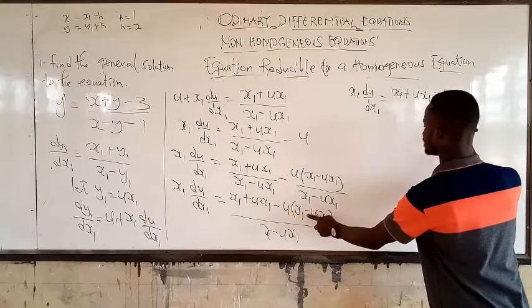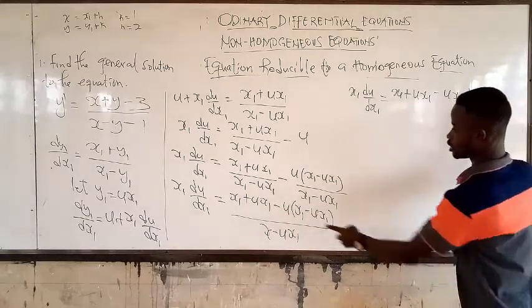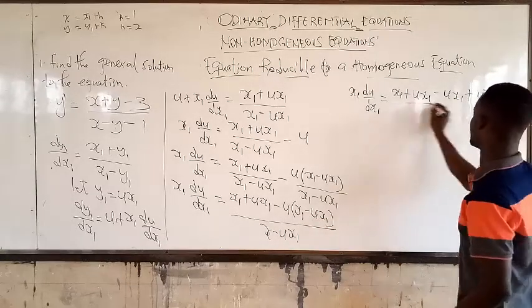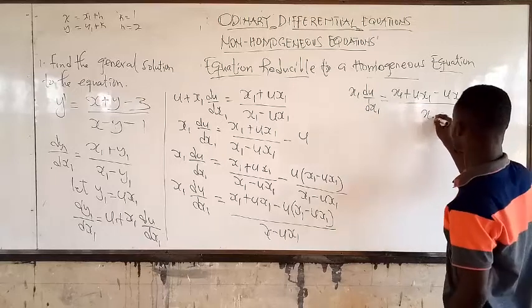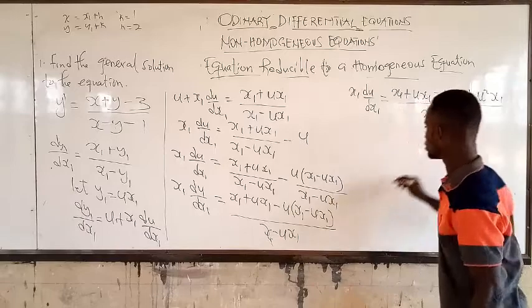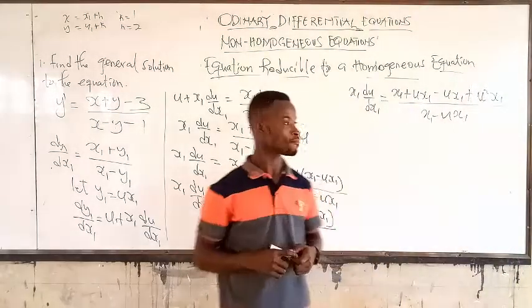This affects the inside here also. Plus, this to this, you get u squared x1. All this is over x1 minus u x1.